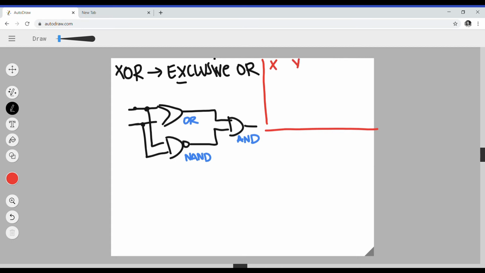So we'll have 2 inputs, once again, right here. This will be our X, this will be our Y. And we will have 1 output. Out. That looks terrible. Out. Okay. So we'll have the same 4 combinations because we only have 2 inputs.